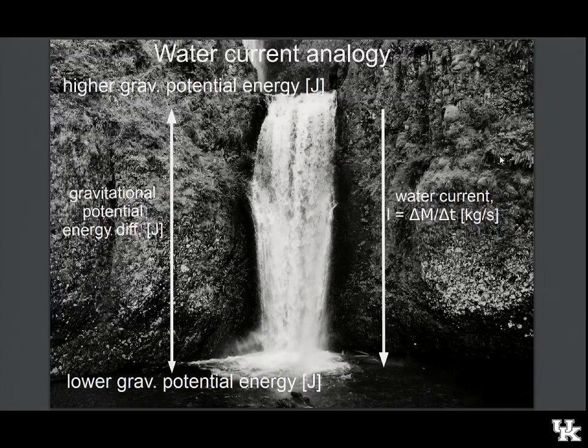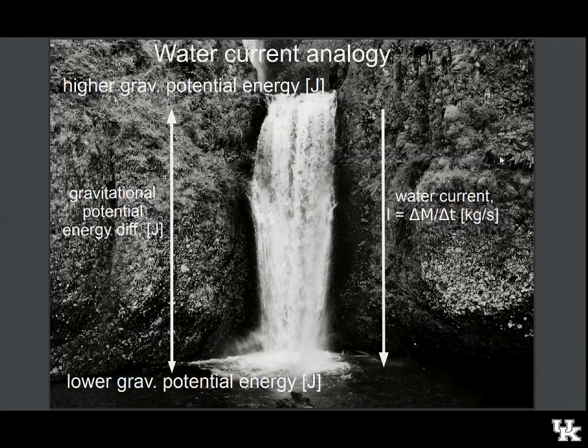Let's imagine we went outside for a field trip and we go to the waterfall on campus. And we're staring at the waterfall on campus, and we're watching the flow of water over the waterfall. That's a gravitational analogy to an electrical current. Let me show you.